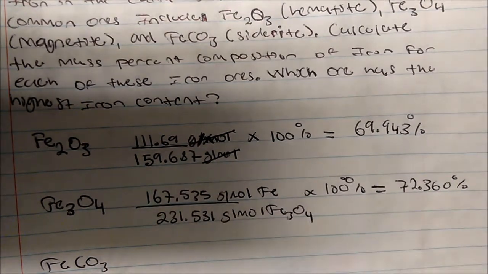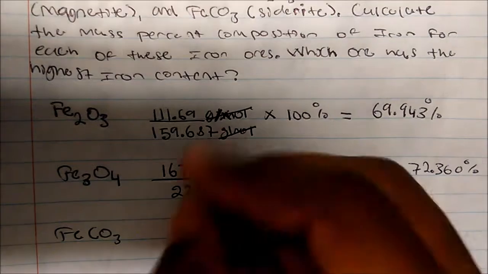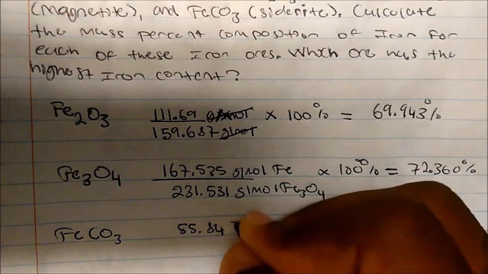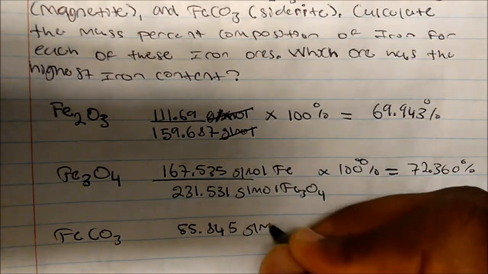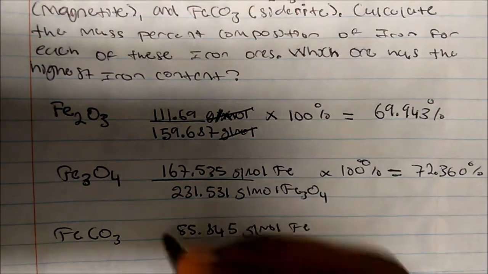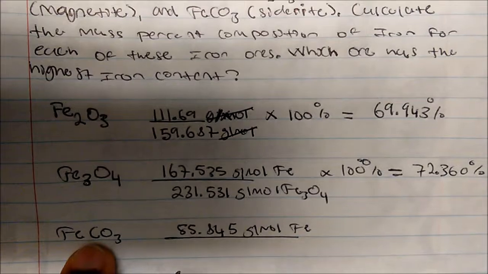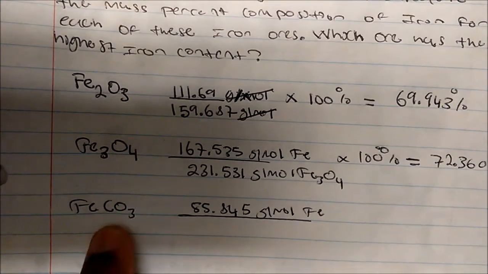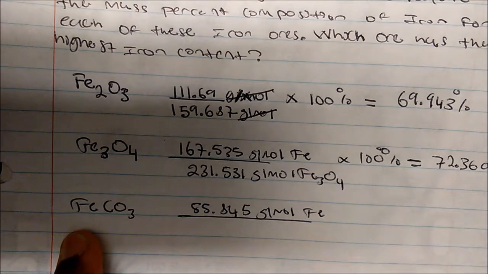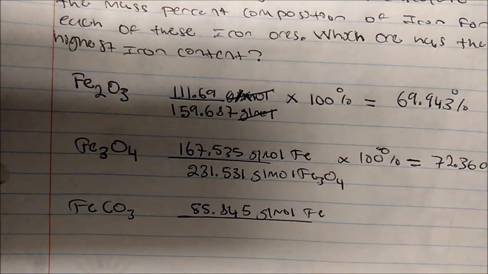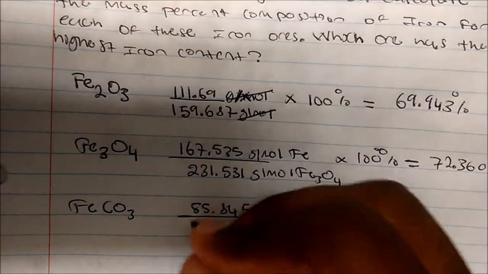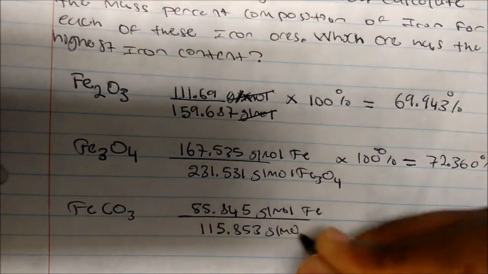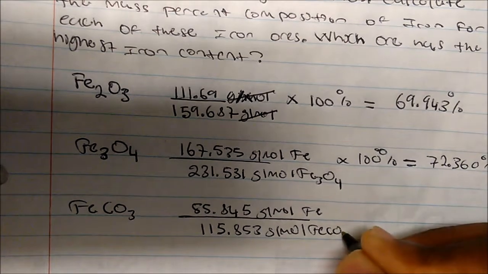And then the last one, siderite, FeCO3. Because I have 1 iron, the molar mass of iron is just 55.845 grams per mole from the periodic table. I'm going to divide this by the total molar mass. Now I have a carbon, so I'm going to do 3 times 16 plus 12 plus 55.845, and that will give me 115.853 grams per mole of FeCO3.